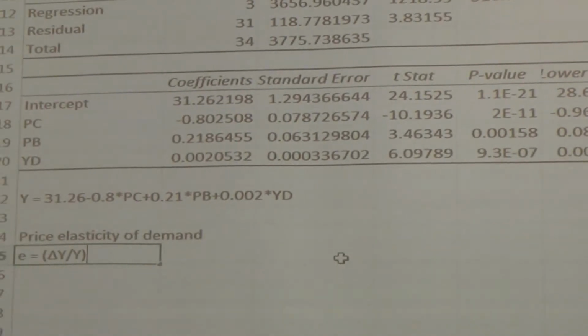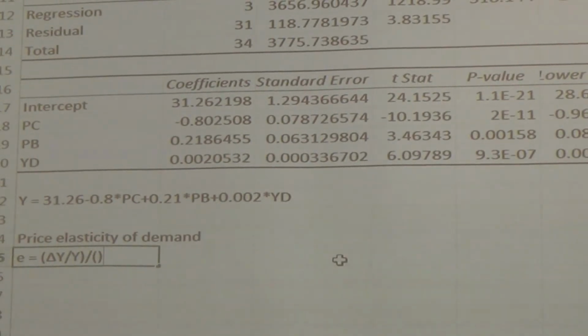Percentage change of quantity divided by percentage change of price of chicken.